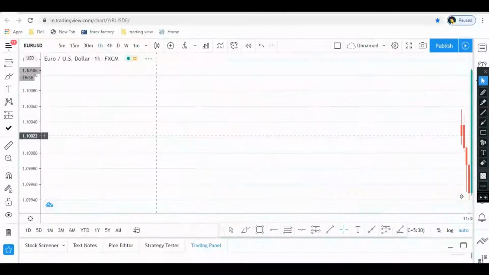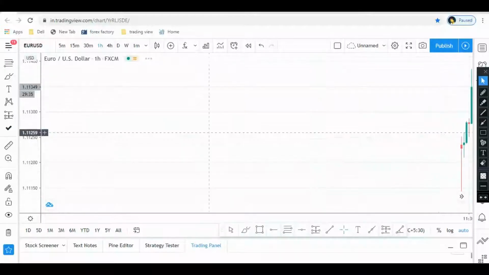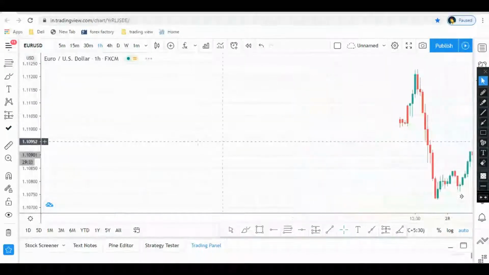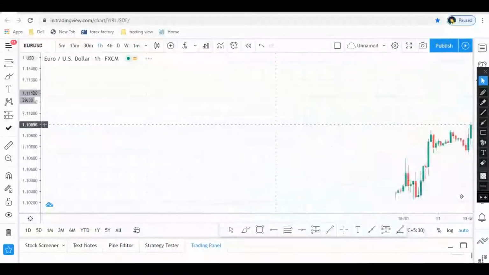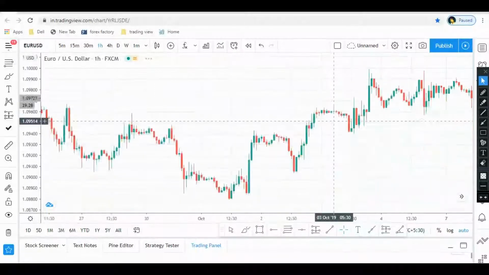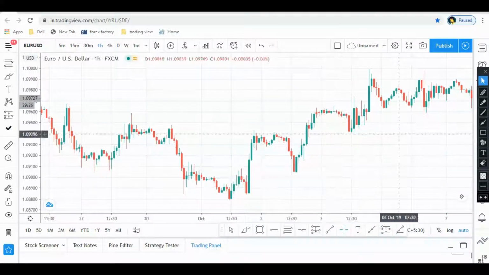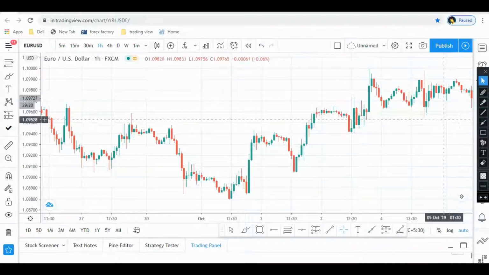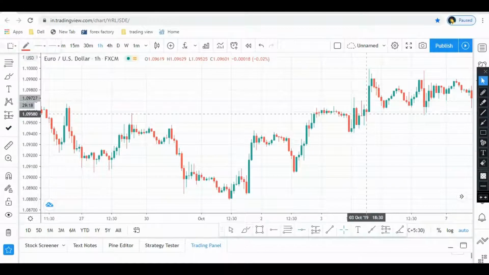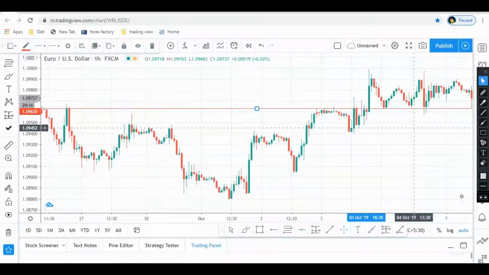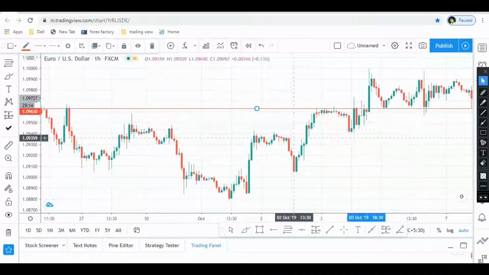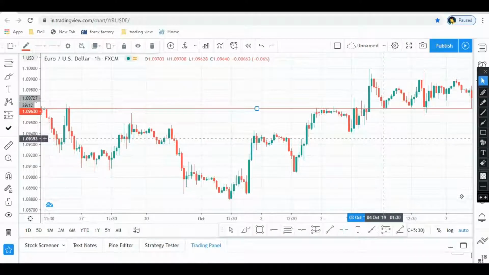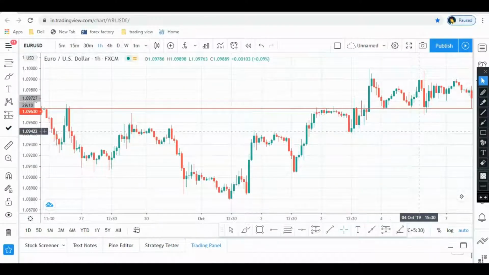So let me show you another thing. As I can see, price is going in an uptrend. This particular area acted as a support, which previously acted as a resistance also, and let's see what's going to happen.